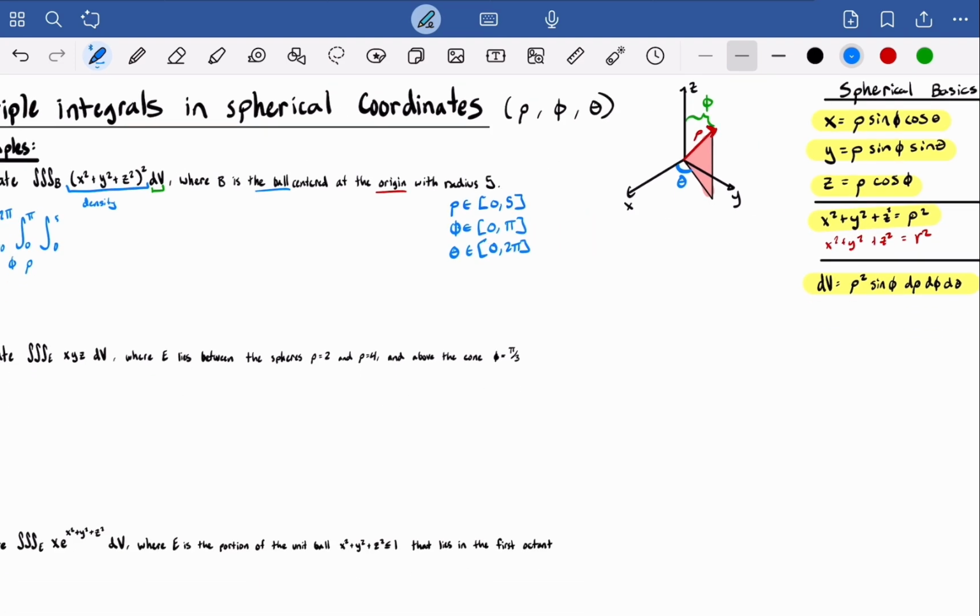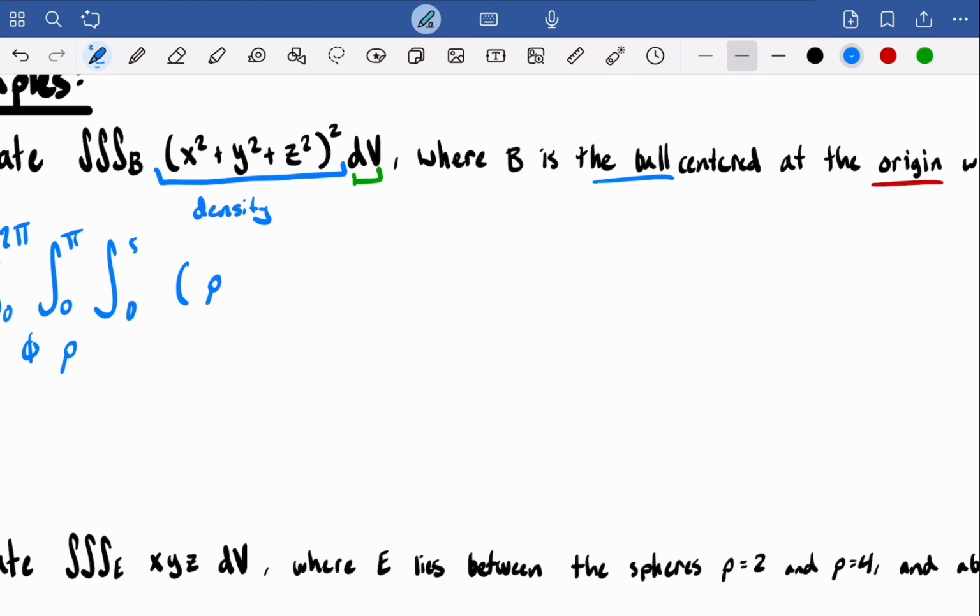Right off the bat I can see that this right here is going to translate to this. So we're simply going to replace it with rho squared inside, and obviously that's squared as well.